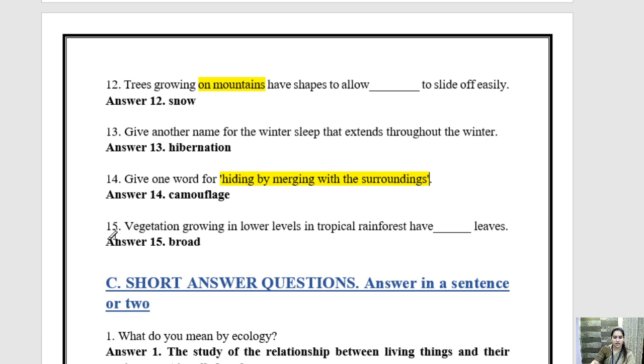Last question. Vegetation growing in lower levels in a tropical rainforest has broad leaves so that they can trap the sunlight very easily. So the lower level जहाँ पे sunlight easily नहीं पहुँच पाता, they have broad leaves ताकि उनके पास area ज़्यादा रहे और वो sunlight को trap कर सकें.